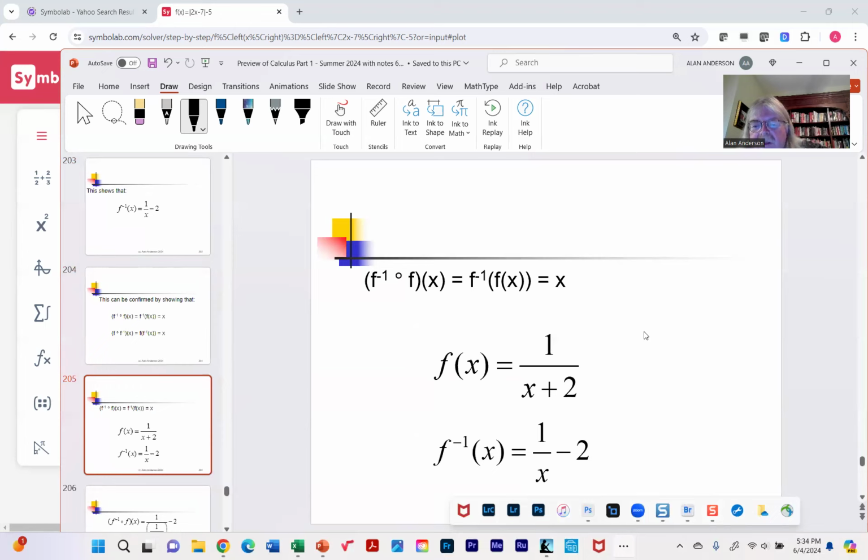Here we start with f. I've got the two both listed here again. We're going to start by demonstrating that f inverse of f equals x. So that means I'm going to have 1 over f of x minus 2.